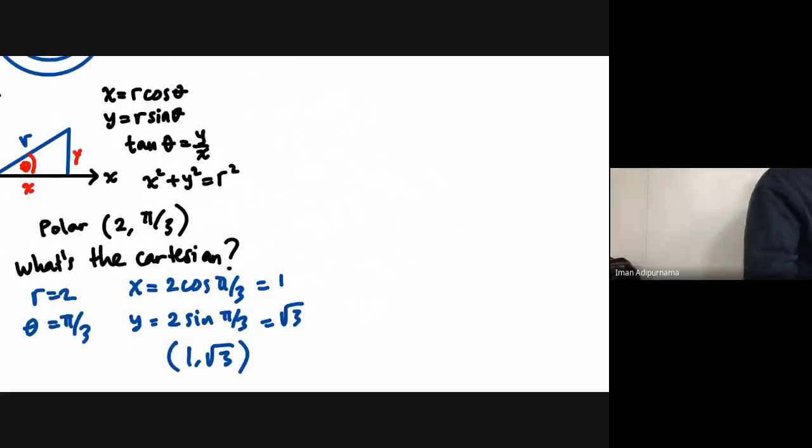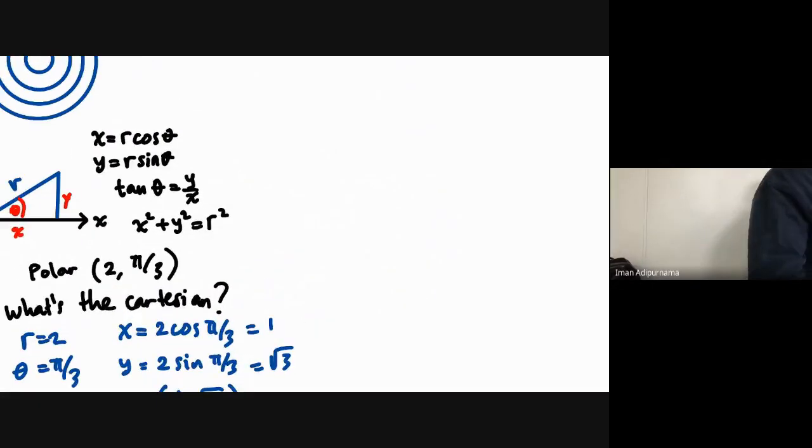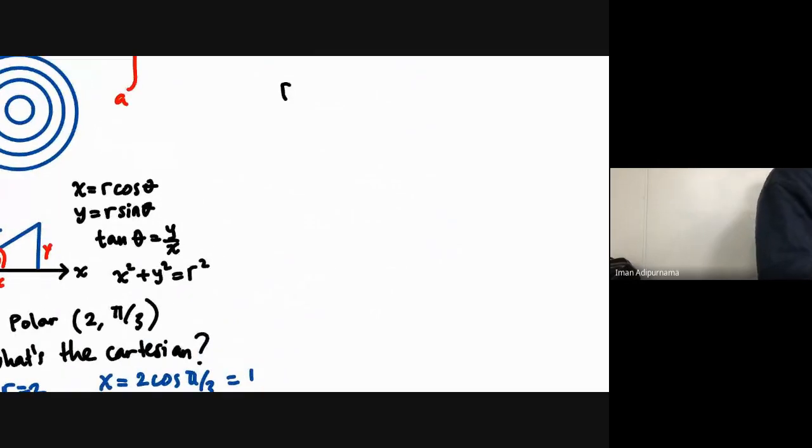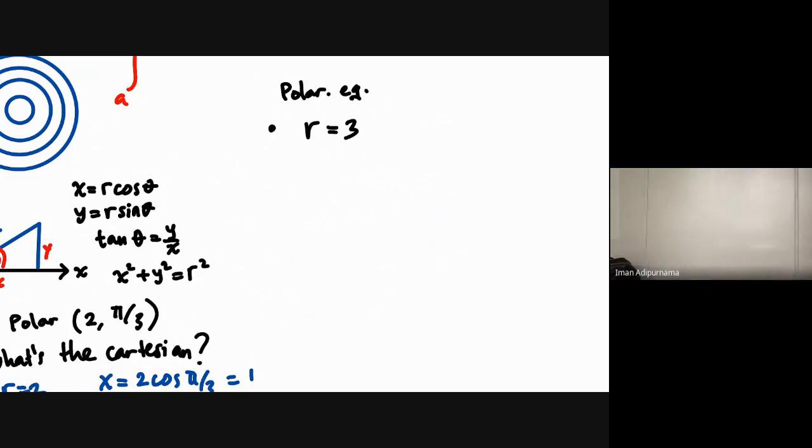Another thing, what will happen if you have the polar? Let me write here some polar equations. If you have the polar equation r equal 3, what will be the shape? Circle, right? It's a circle.